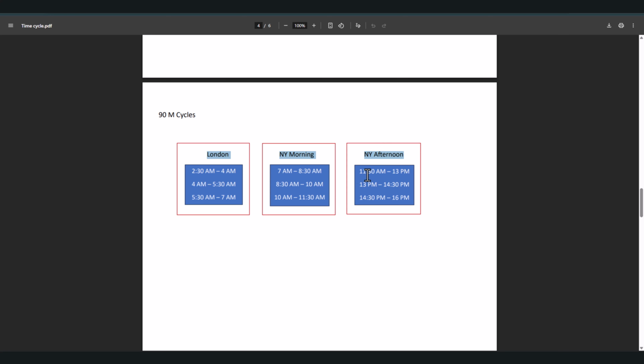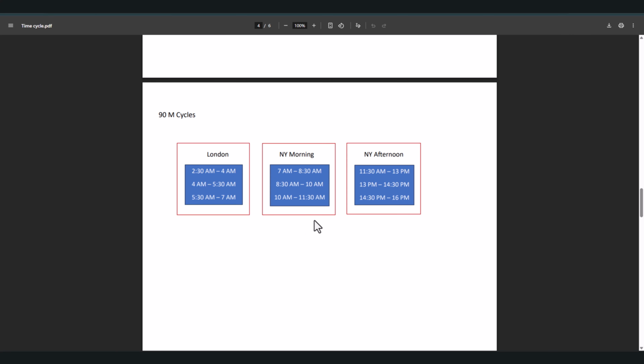New York afternoon, 11:30 am to 1 pm, 1 pm to 2:30 pm, 2:30 pm to 4 pm. Those are the 90-minute cycles for London, New York morning and New York afternoon. So that was step 2.